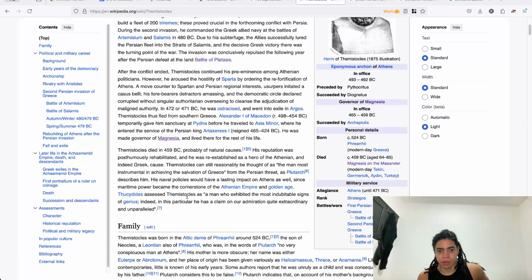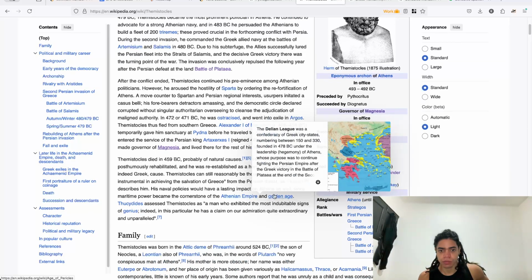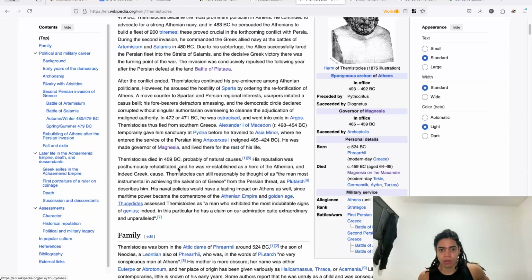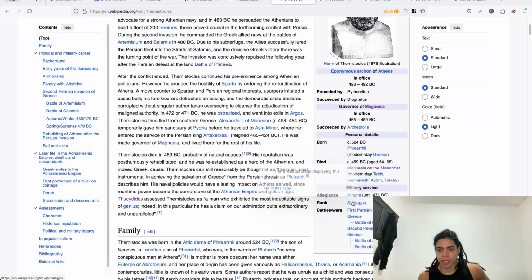Indeed, in this particular, he has a claim on our admiration quite extraordinary and unparalleled. Thucydides, rank strategos.